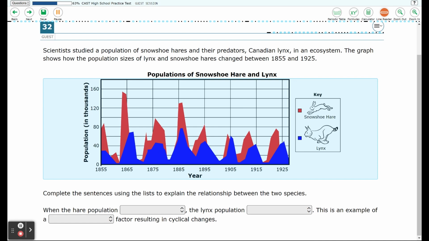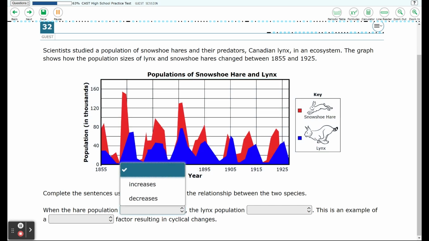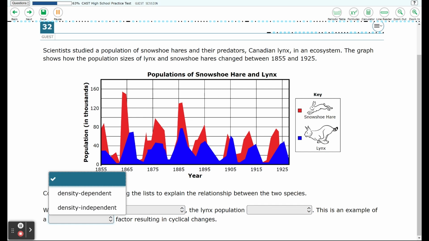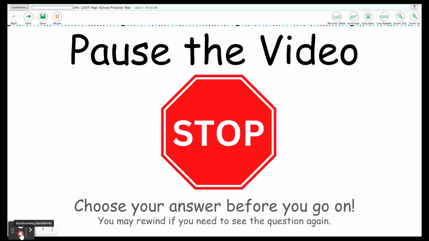Complete the sentences using the lists to explain the relationship between the two species. When the hare population increases or decreases, the lynx population increases or decreases. This is an example of a density-dependent or density-independent factor resulting in cyclical changes. Go ahead and pause the video and make your selections now.